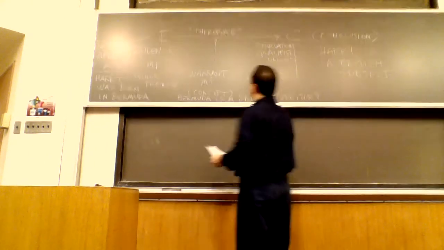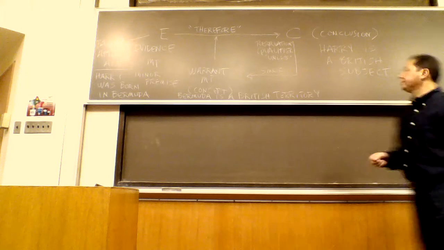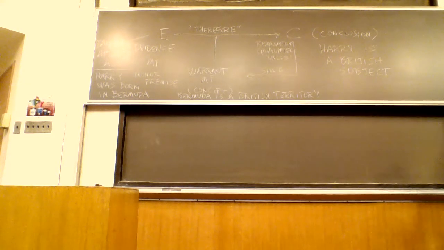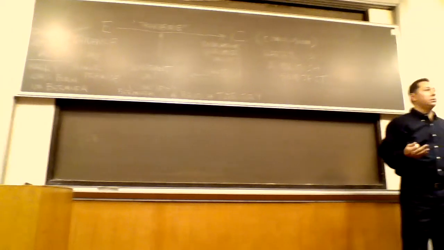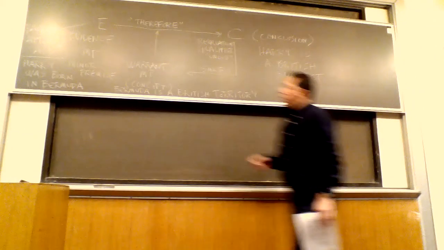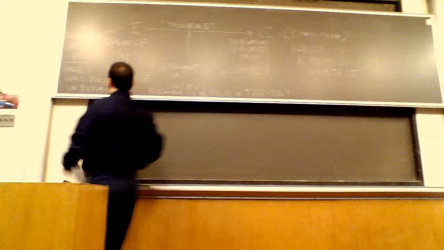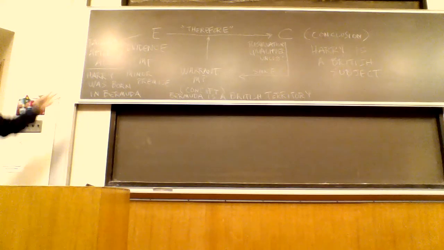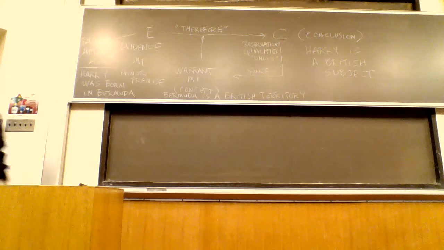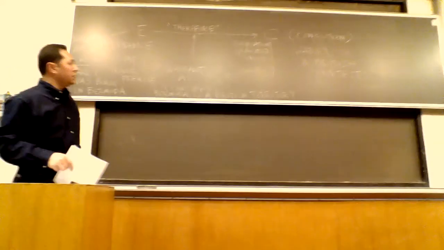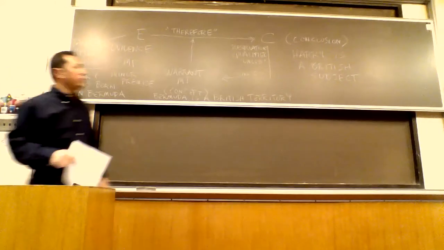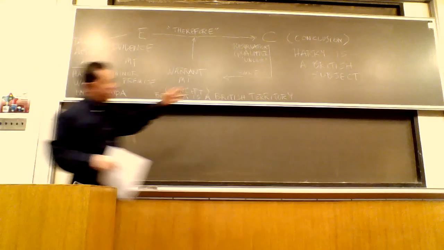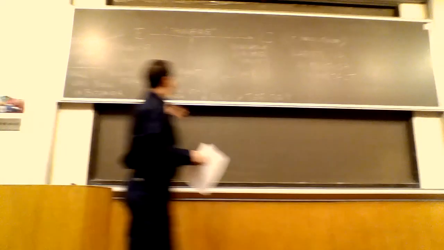Bermuda is a British territory. Okay, all right. So, the conclusion is that Harry is a British subject. That's the conclusion. All right? The evidence for that is that Harry was born in Bermuda. Now, Bermuda is a British territory. Okay, so that's why Harry is a British subject.